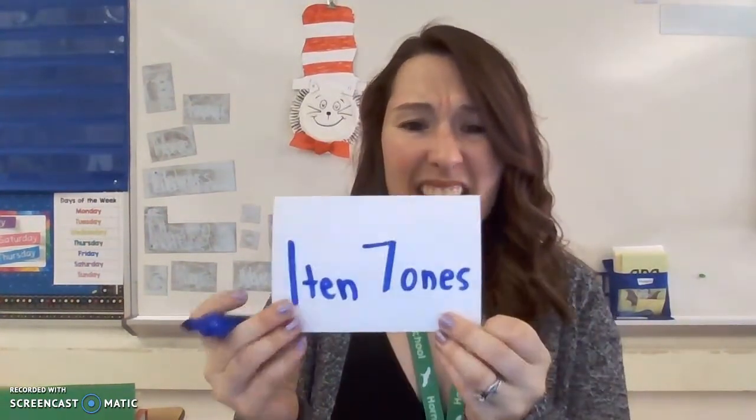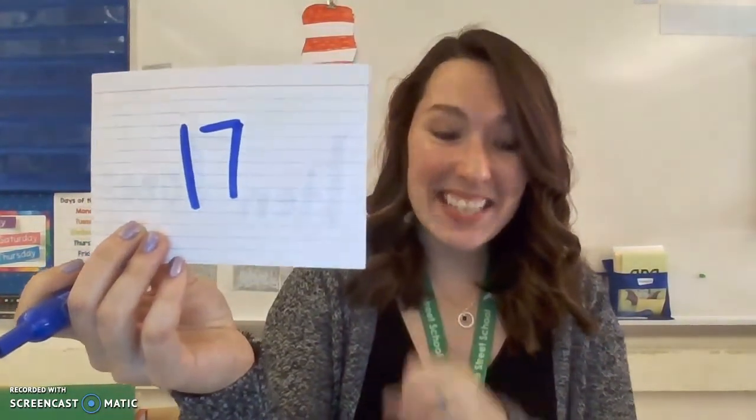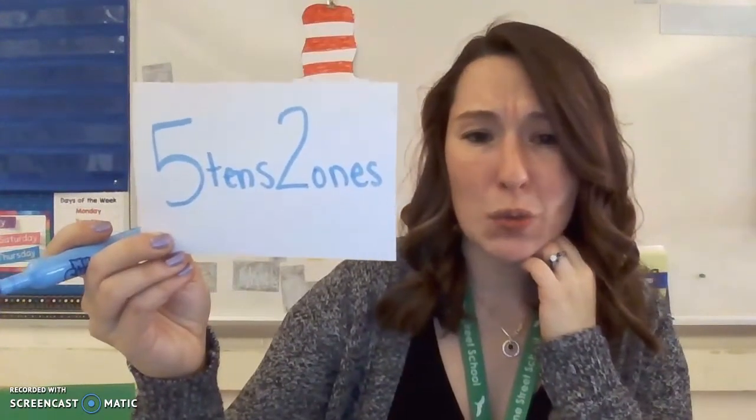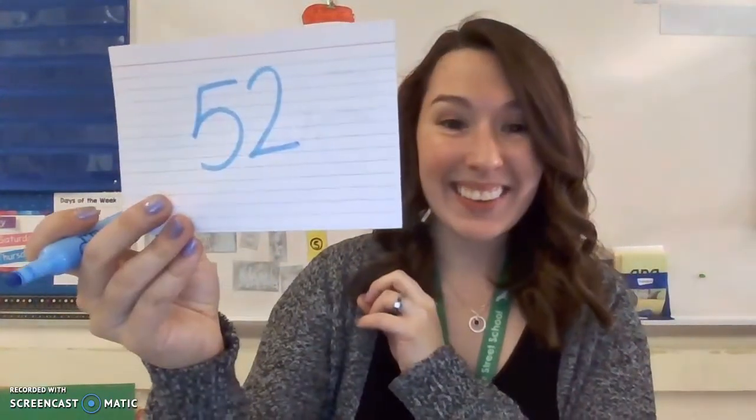Okay, how about our 1 ten and 7 ones? What number was that? Right, 17. Oh, we're cruising right through this. How about our 5 tens and 2 ones? 52. Great job.